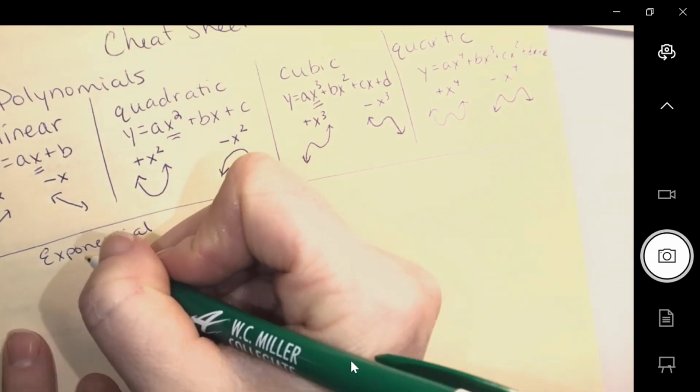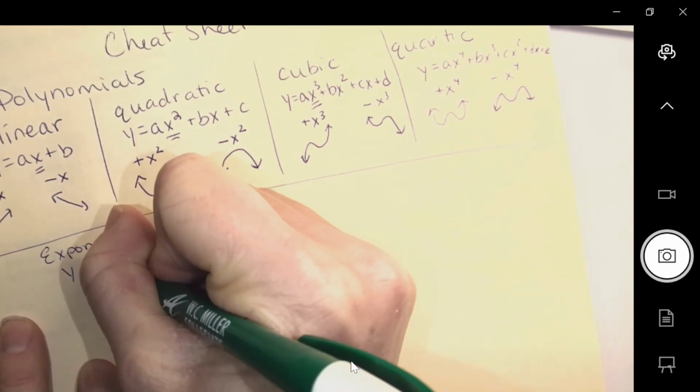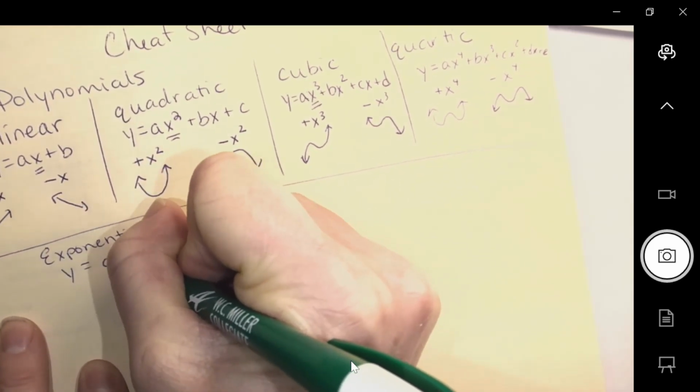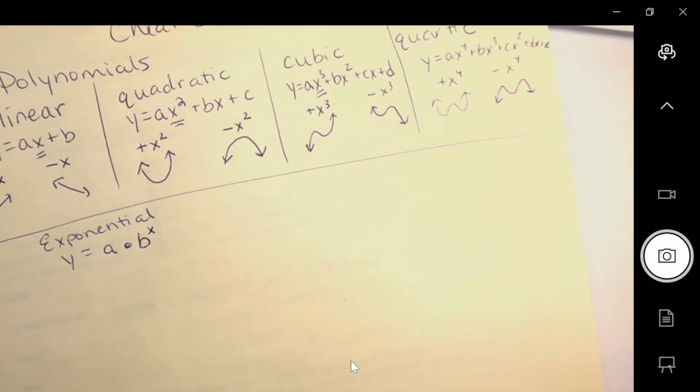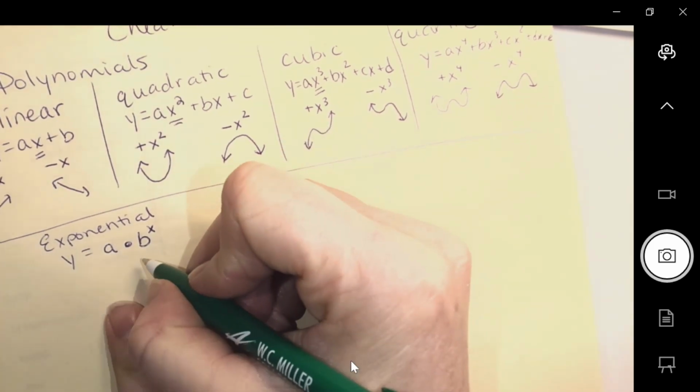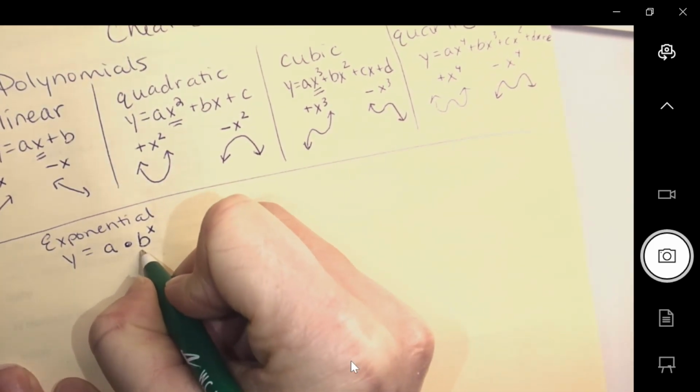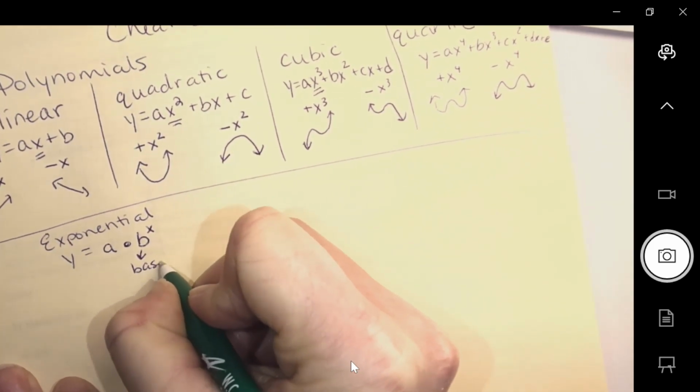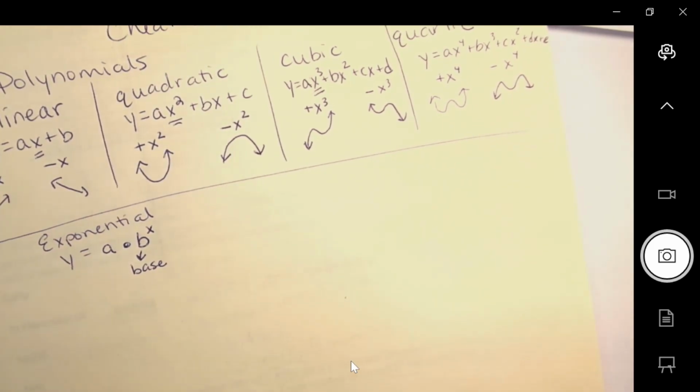Okay, so this is y equals a times b to the x, where b is your base.